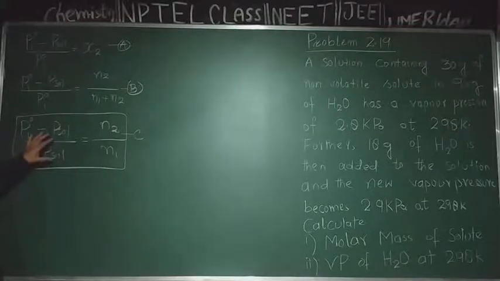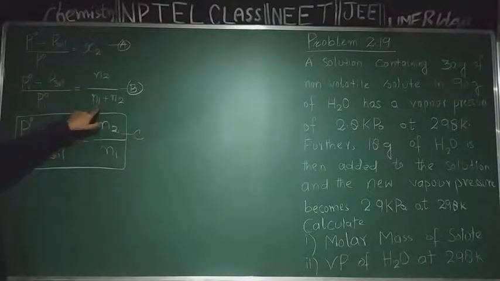So I will use equation C just to minimize my calculations, just to save my time, and there will be no change in the answer, because the parameters that are present in equation B are also present in equation C: P01, vapor pressure of pure water, vapor pressure of solution, N2, N1.